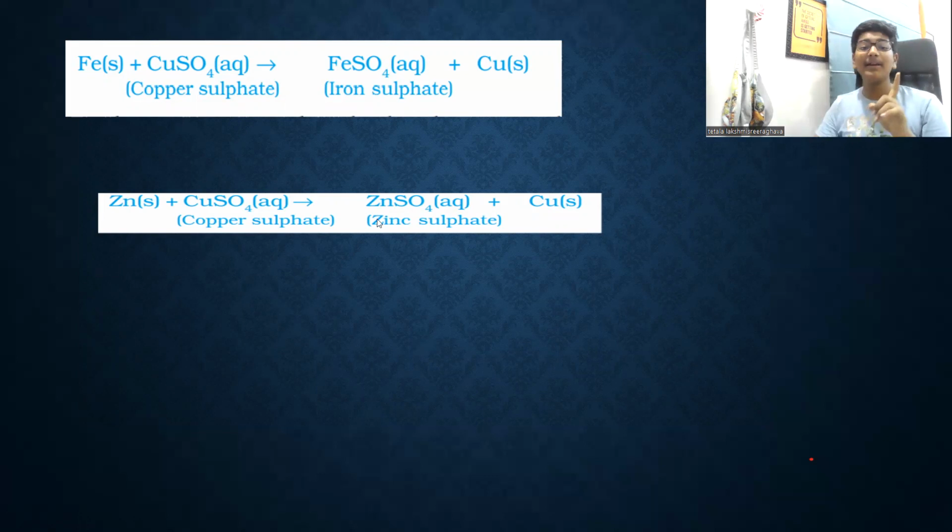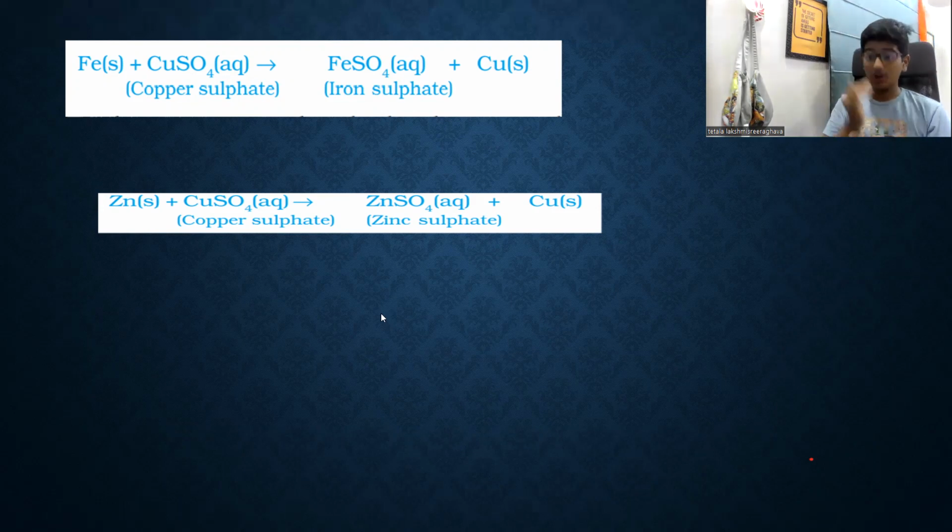For this, they might ask you a question: in the below reactions, will the reaction take place or not? They might give CuSO4 plus Fe gives rise to, and ask us to write the products as well as whether the reaction will take place or not.